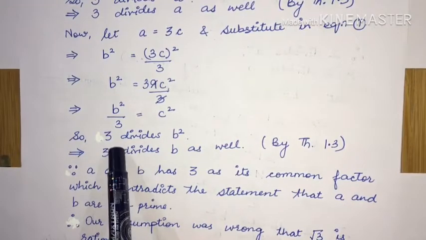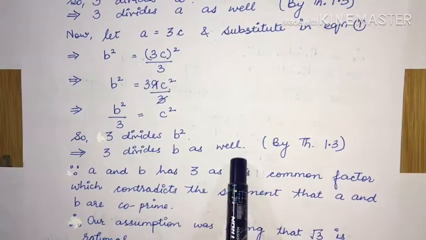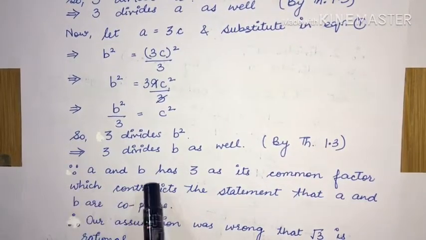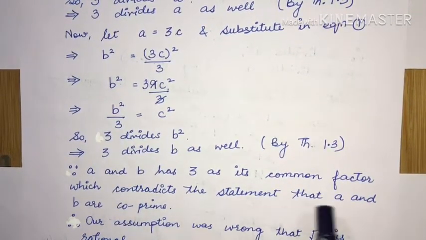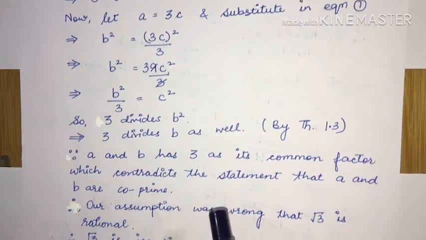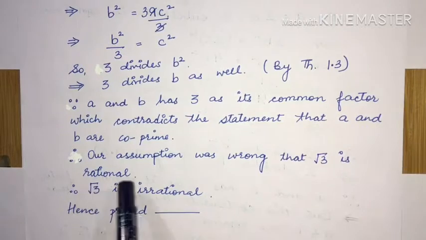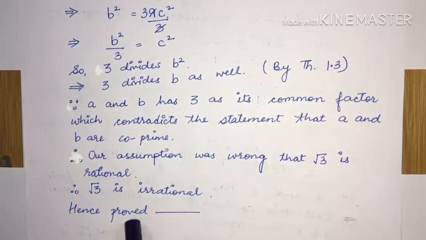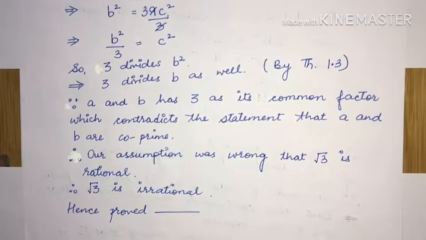So 3 divides b square, which implies 3 divides b as well by Theorem 1.3. Since a and b have 3 as their common factor, this contradicts the statement that a and b are co-prime. Therefore, our assumption was wrong that root 3 is rational. Therefore, root 3 is irrational. Hence, proved.